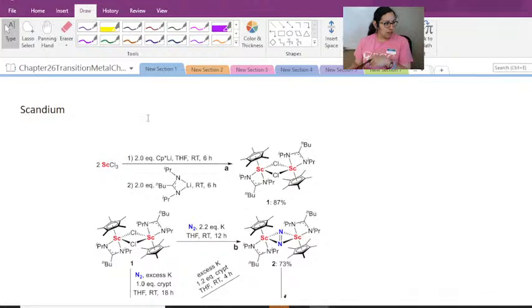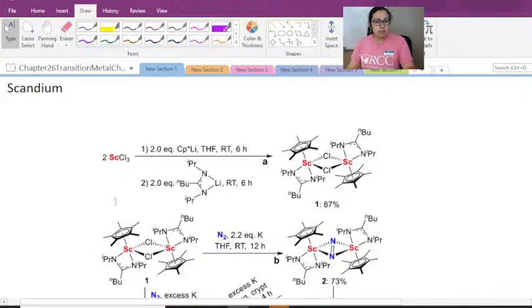And so let's look at then the types of reactions and how it tends to behave. So since it tends to behave as this D3 compound, you tend to find it, at least in starting materials, as a trichloride or some sort of scandium 3+ compound.